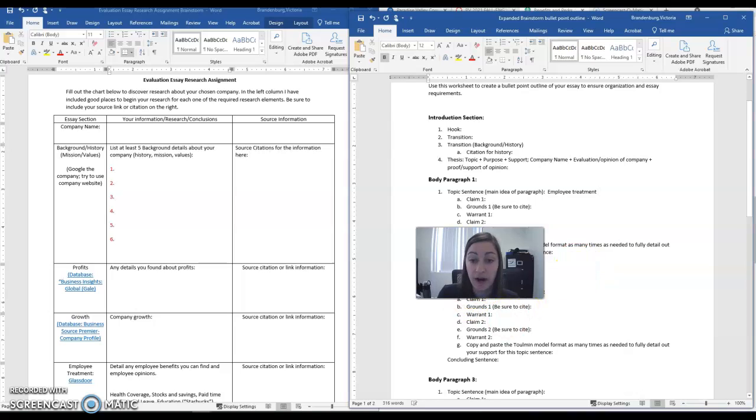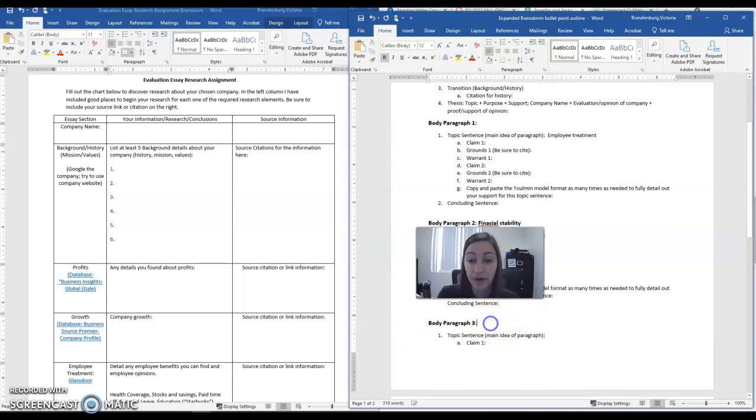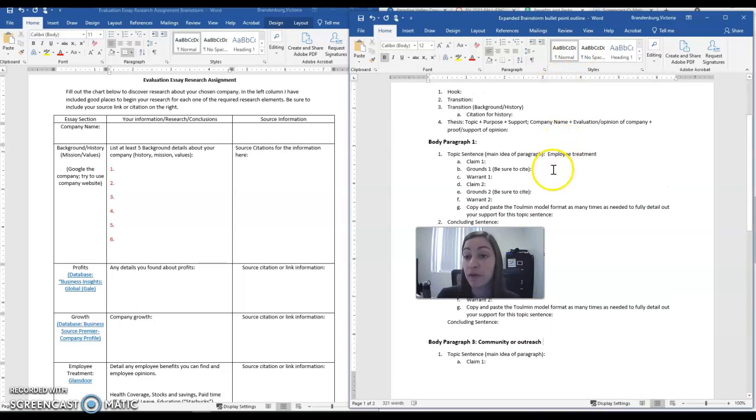Maybe my next paragraph is going to be financial stability, and maybe my third paragraph is just going to be community or outreach. So what else do they do beyond selling coffee? So in employee treatment, I'm now thinking of 3 different subclaims that are going to support my evaluation, whatever I've said about the company.